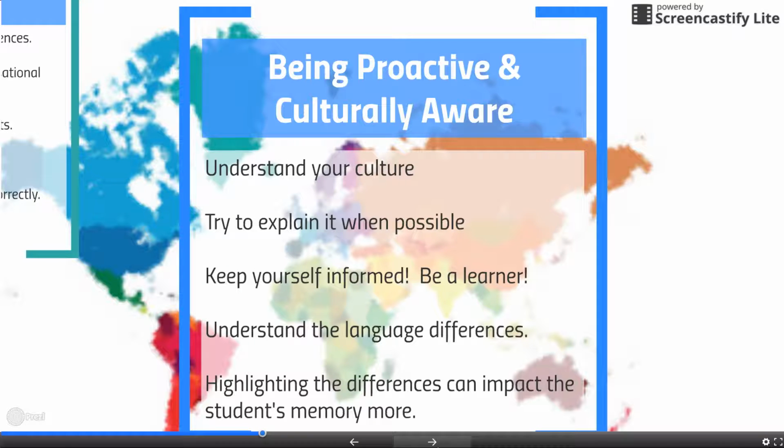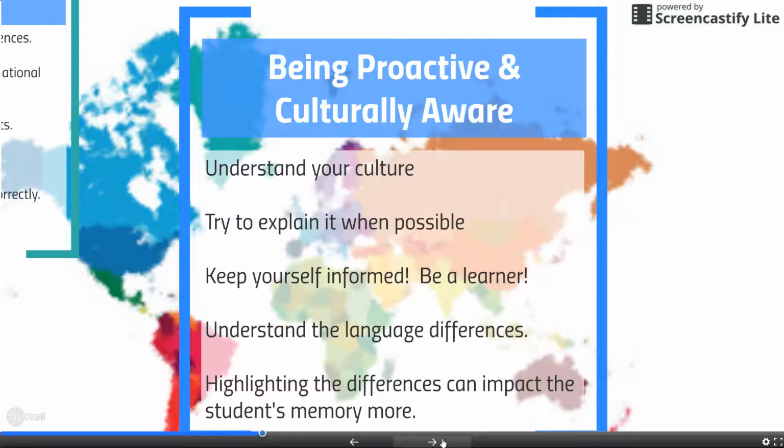For instance, highlighting the difference between a language like Portuguese and English may help your Brazilian students to understand why you're making a correction. For instance, oftentimes Brazilian students say, "I have a doubt." Now what they mean is that they have a question.